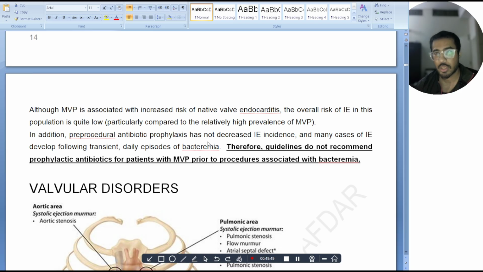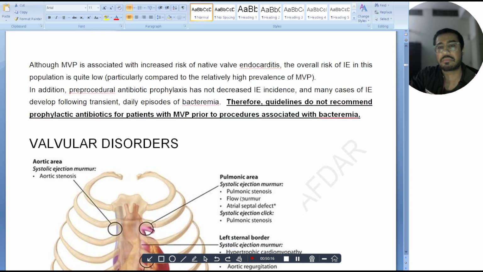So you don't need to give a prophylactic antibiotic prior to procedures associated with transient bacteremia like dental extraction, veneer placement, root canal, etc. You don't need pre-procedural antibiotics to prevent IE, because if you're destined to get it, you'll get it just by transient daily bacteremia. You don't need that specific procedure.